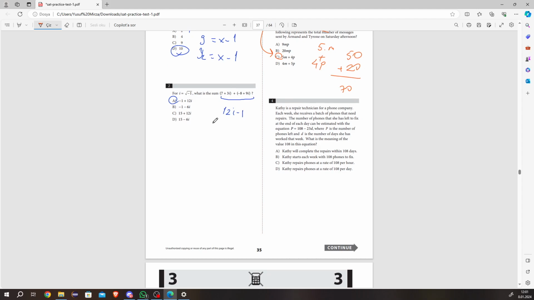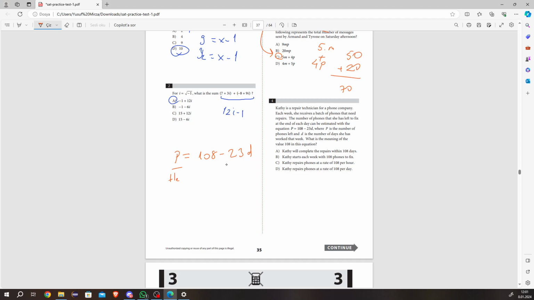Let's move ahead. P is the number of phones left, and d is the number of days he has worked in a week. What's the meaning of this? So simply the phone number is 180 minus 22d.